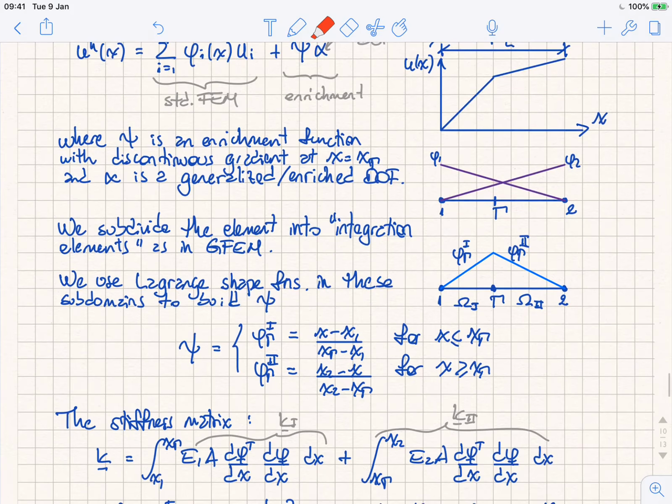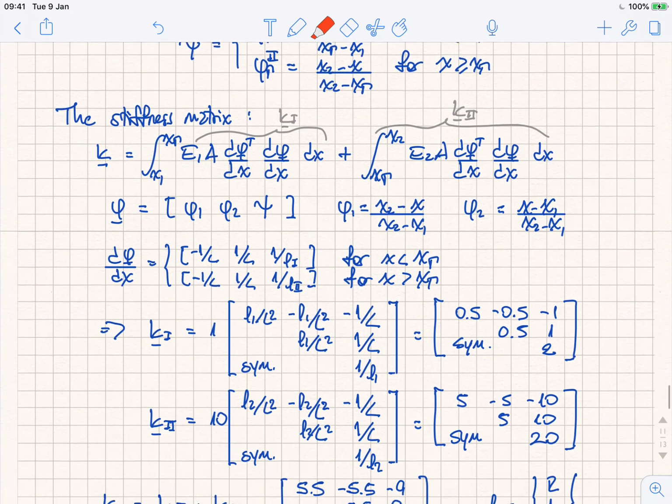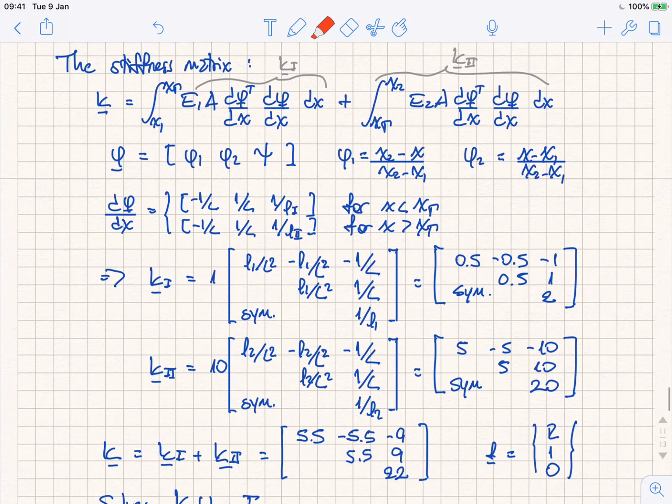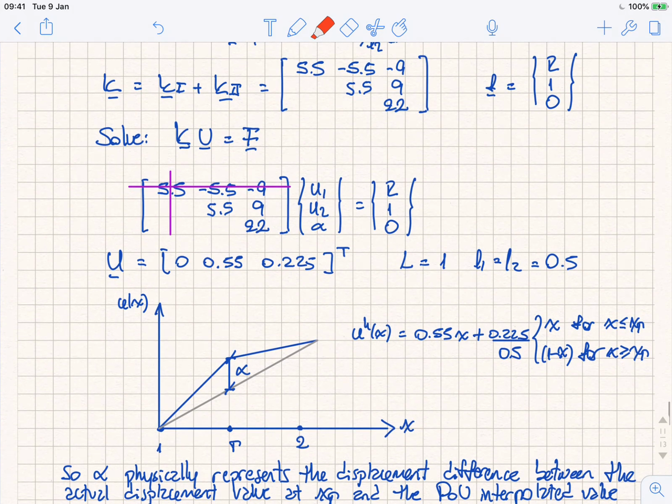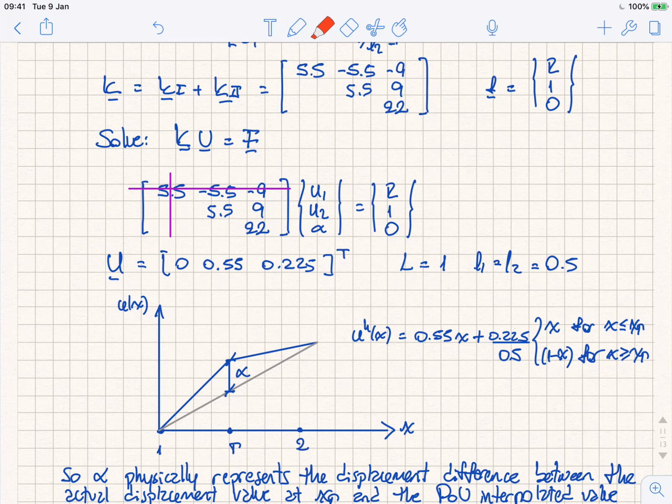Okay. So we went through this example and we saw how to construct the element stiffness matrices and the force vector, and then we solved it, right? So for this very simple problem, we had a 3x3 degree of freedom system where our generalized degree of freedom alpha and the right node were the only ones free.